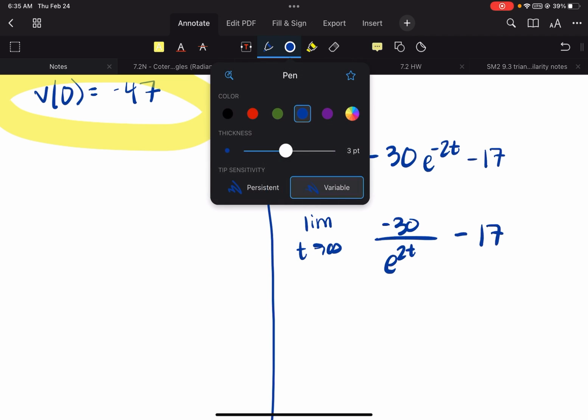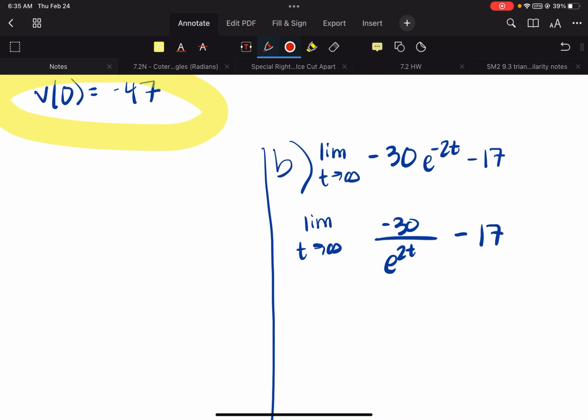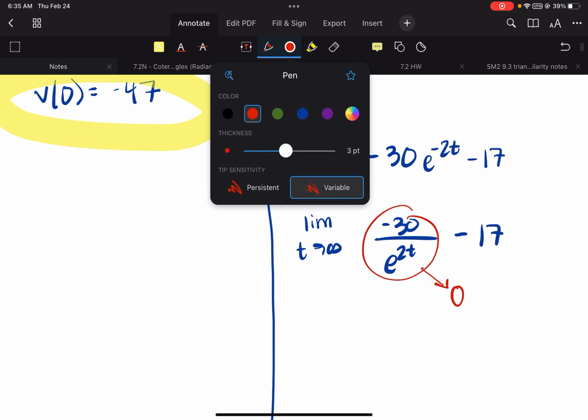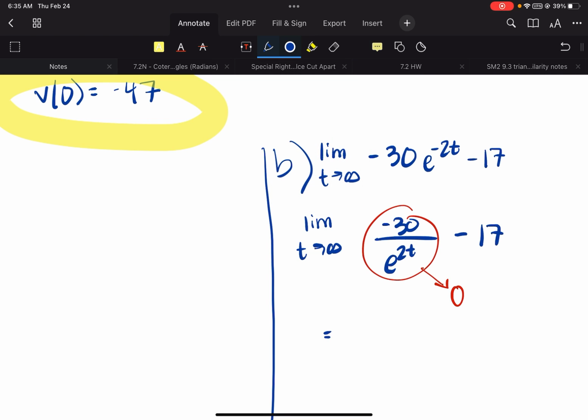As t goes to infinity, the denominator gets really big, so this whole fraction goes to 0. So my limit is essentially 0 minus 17, which is negative 17 feet per second. That's my terminal velocity, so I'm not going to be going any faster than that.